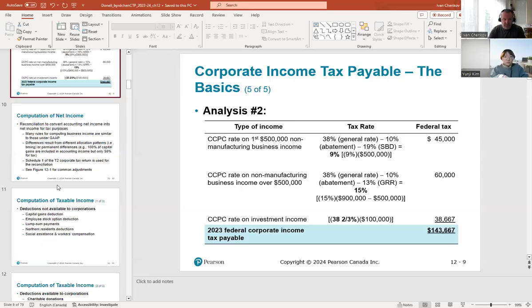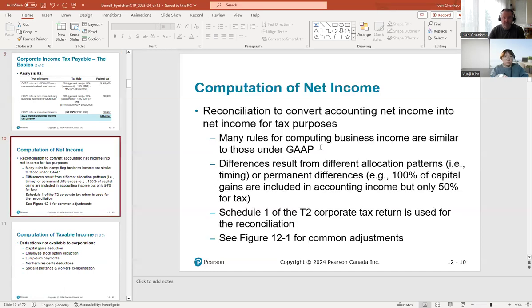On the computation of net income, we have to reconcile the accounting income and convert it to net income for tax purposes, applying the rules that we covered in chapter 6 or chapter 7. Remember that chart we went over last time with the questions and calculation?